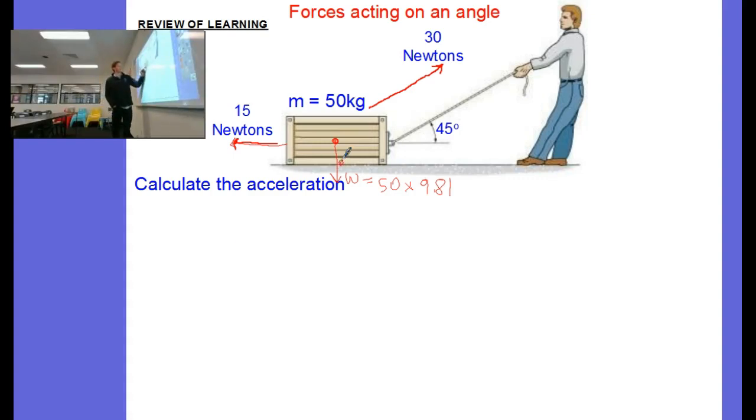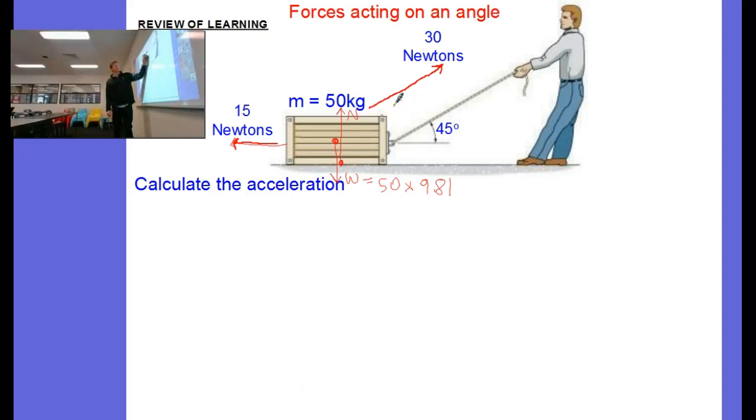But at the same time, there's another force which is called the normal reaction force, which pushes back up, trying to balance out this force pushing down towards the earth. Okay, so if you consider this scenario, you can recognize we've got forces going out in different directions.